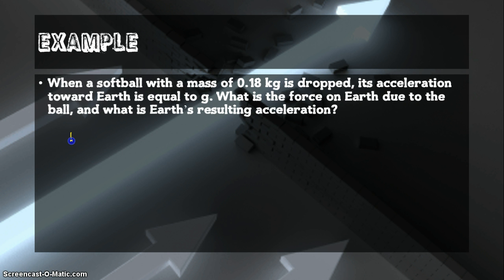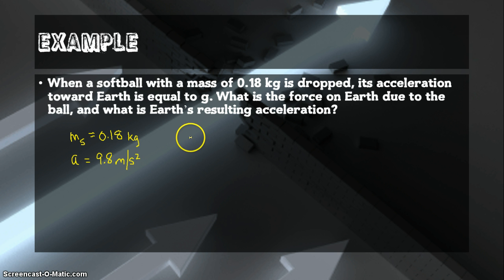So we know the softball has a mass of 0.18 kilograms. I'll call that M sub S, S standing for softball. And we know that the acceleration is g, or 9.8 meters per second squared.